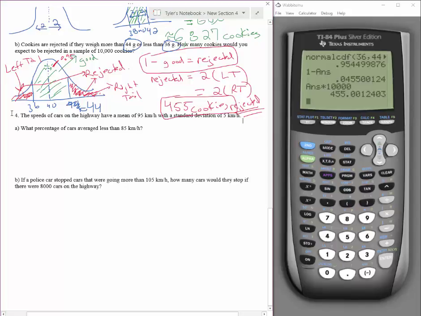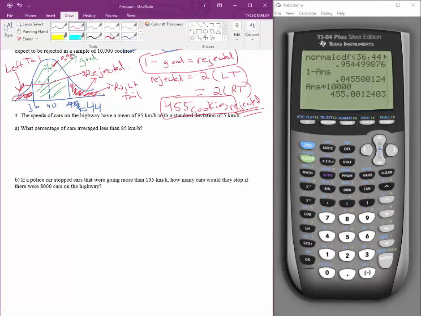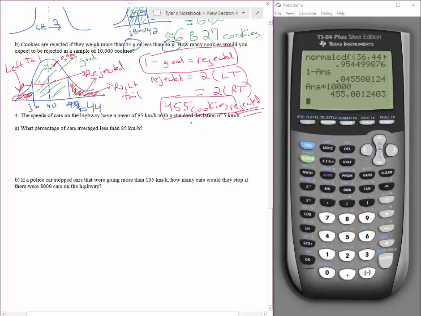All right, so lastly, number 4 is talking about speed. So let's write down the main points here. I have a mean of 95 and a standard deviation of 5 kilometers per hour. So we want to say what percentage of cars average less than 85 kilometers per hour.